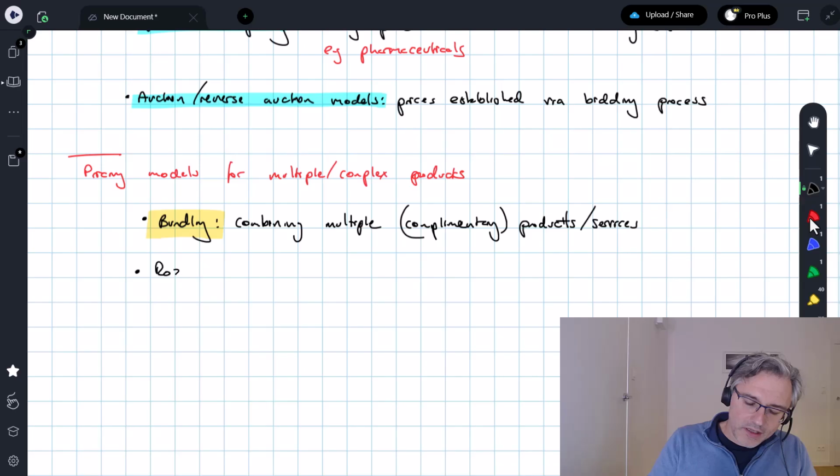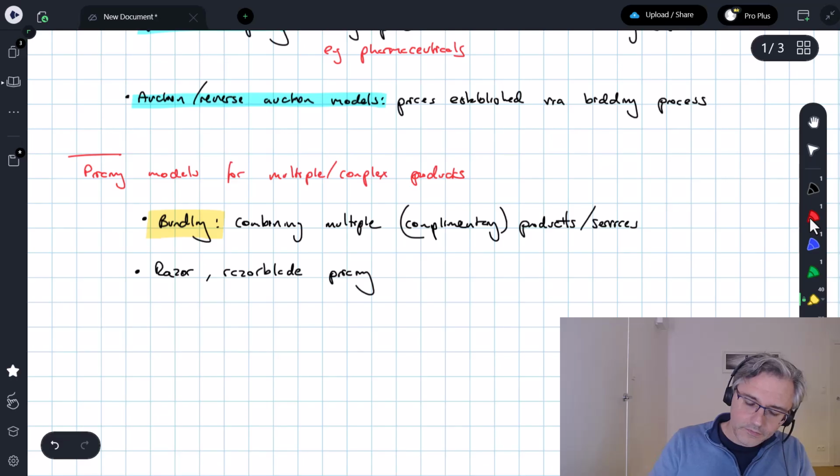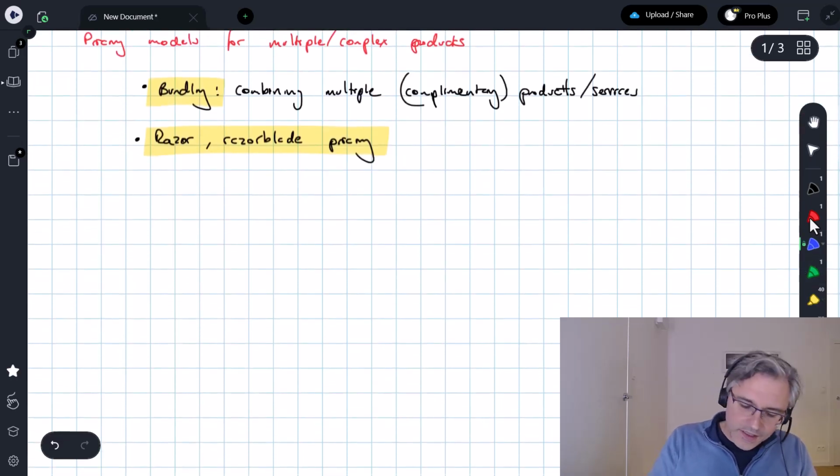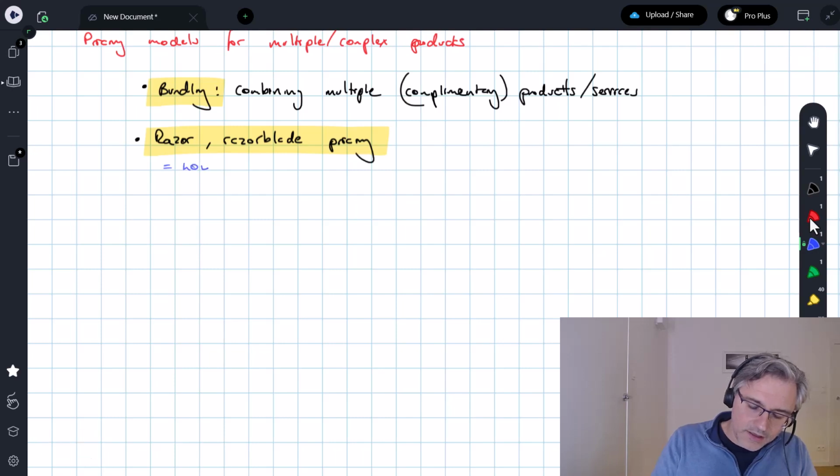The next one is the razor, razor blade pricing strategy. And I mean, this is a very classic old strategy that's been around for a long time.